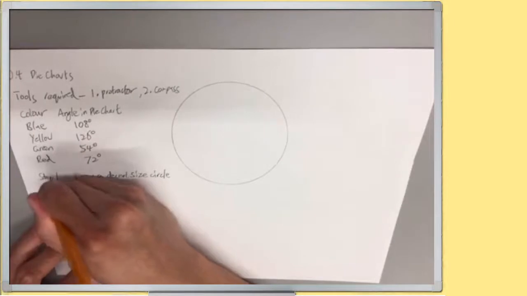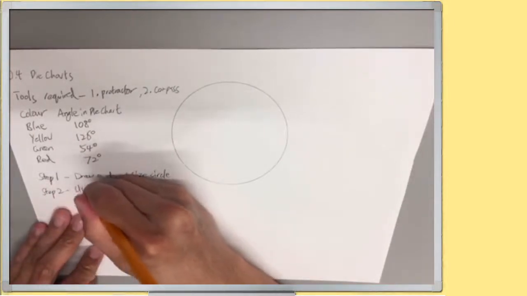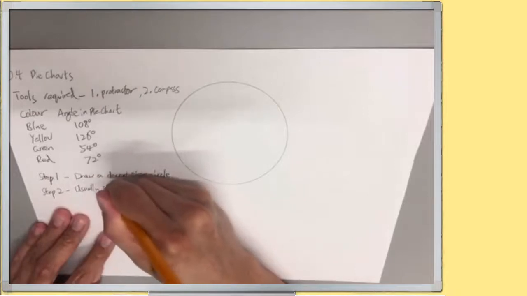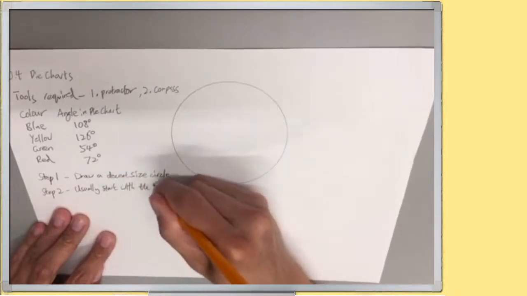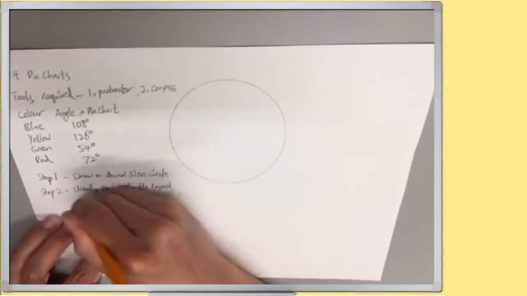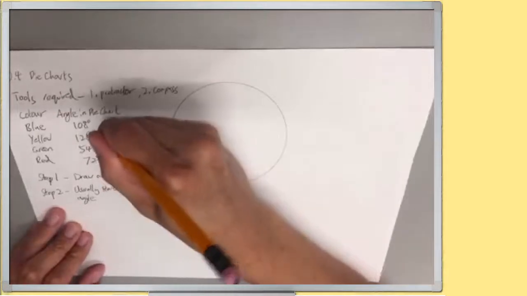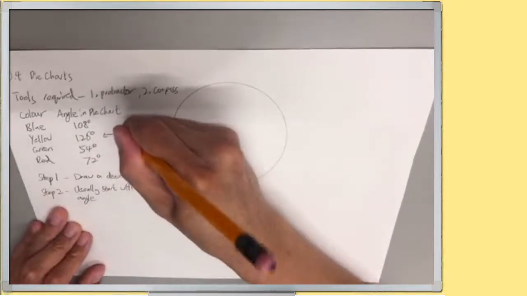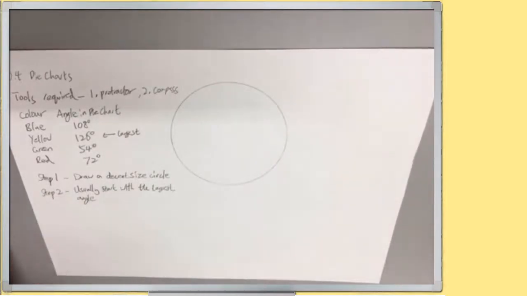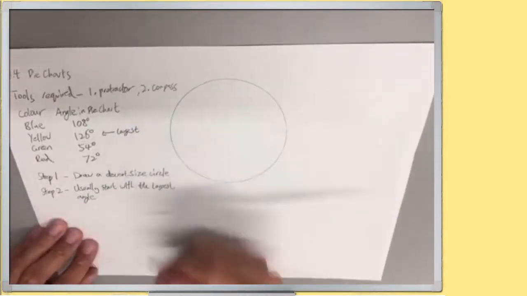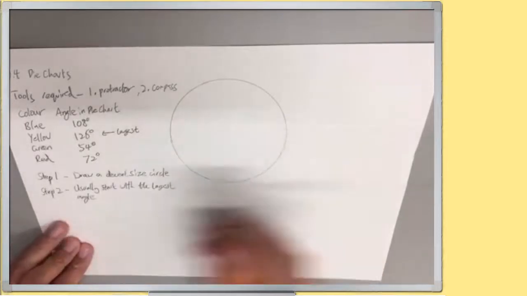Step 2 is we usually start with the largest angle. In this case, which one is the largest? Yellow over here is the largest. So I'm going to draw this angle first, starting from the very top of the circle.